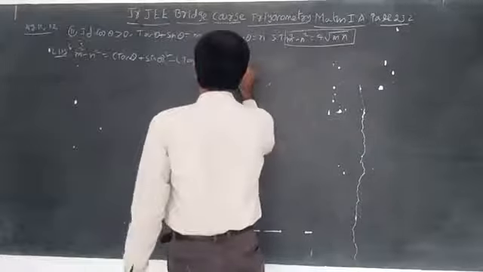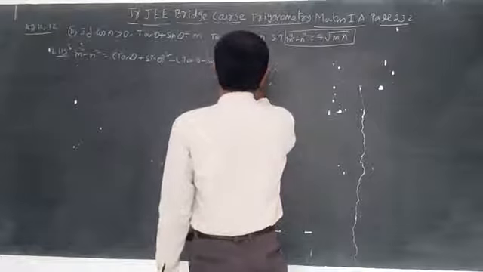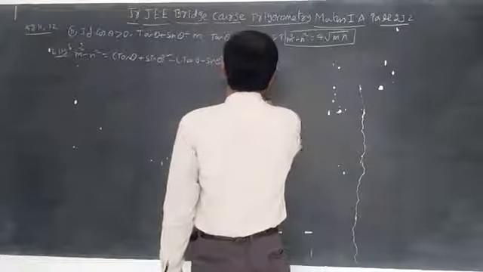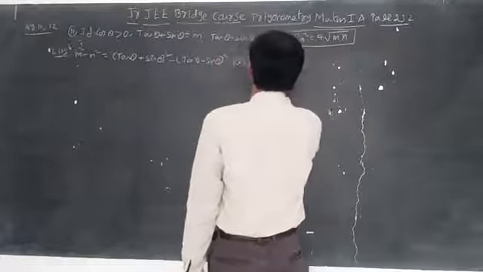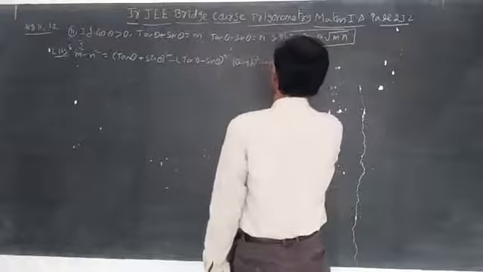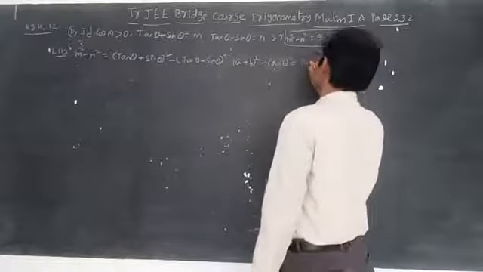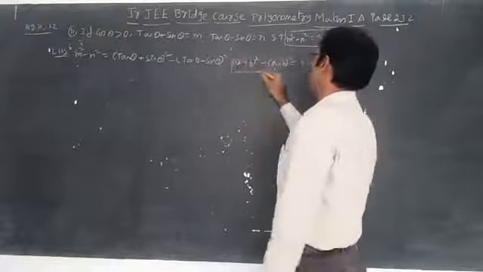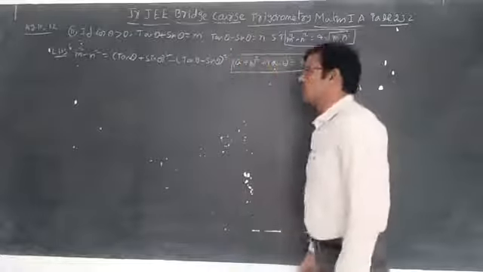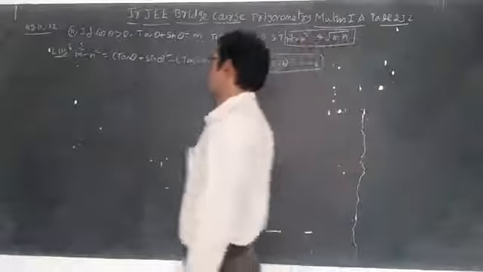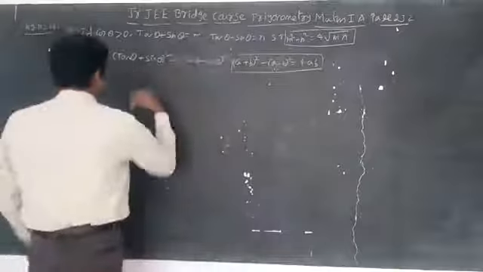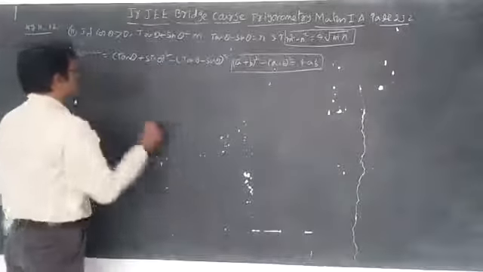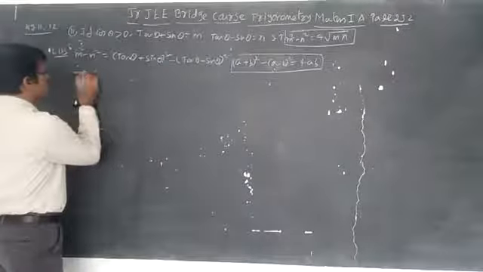Let us remember the formula: a plus b whole square minus a minus b whole square is equal to 4ab. Using this formula, try to understand that a is tan theta, b is sin theta. This is the form a plus b whole square minus a minus b whole square.